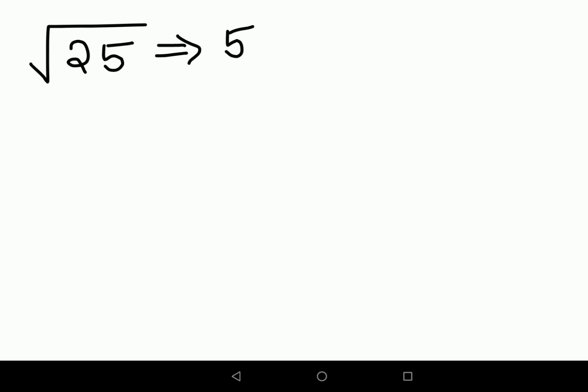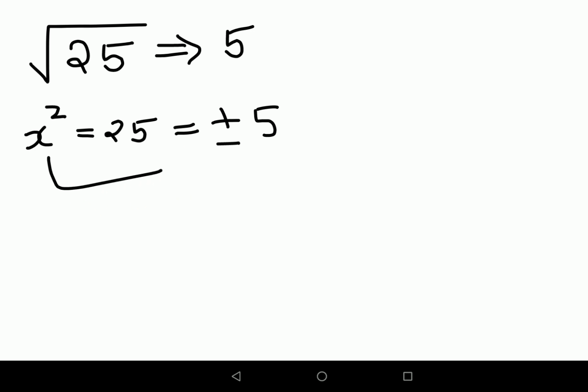Please understand, there's a very stark difference whenever you find the square root of any number. That is normally always a positive answer. Now you must be wondering when it becomes plus minus 5. That is the scenario where you have x square equals 25, meaning if it is related to any variable, only then can I say the value of x becomes plus minus 5.